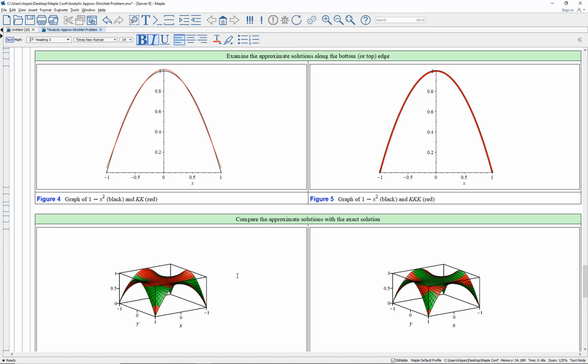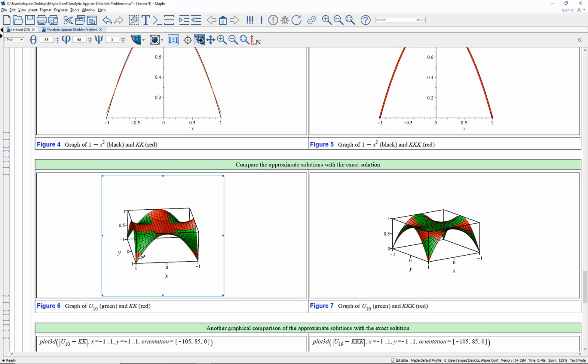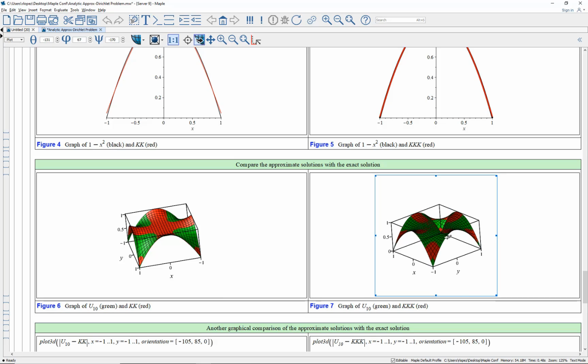Okay, then I graphed the surfaces, the solution surfaces. So what I call the exact solution, U10, in green, and the two-term approximation, Kantorovich and Krylov, in red, and they look pretty good graphically. And here's the three-term, same color scheme, and it looks pretty good.